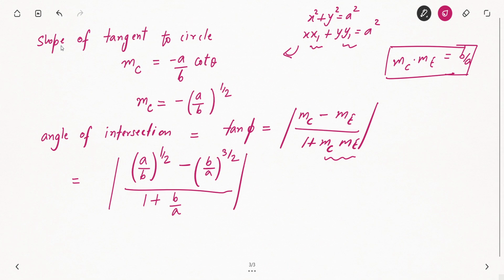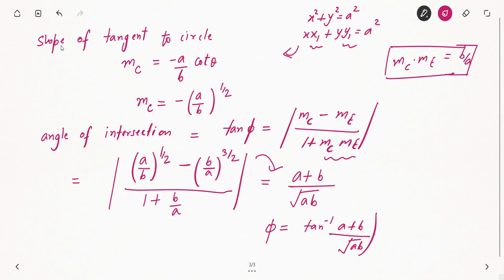So if I simplify this further, what will it give? It will give me a plus b upon root ab. These things you need to work out. I have already done it in the rough, that's why I am writing it smoothly, and these works should be left as an exercise for the students. So from here I can write that phi is equal to tan inverse a plus b upon root under ab.